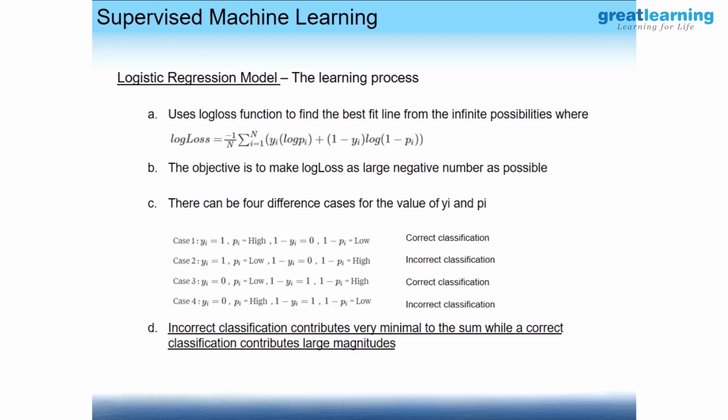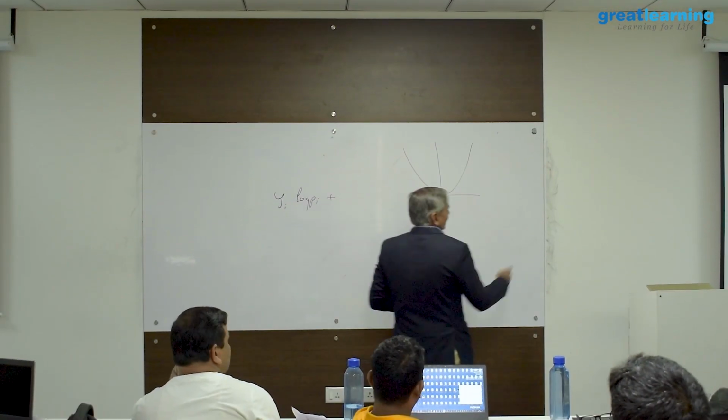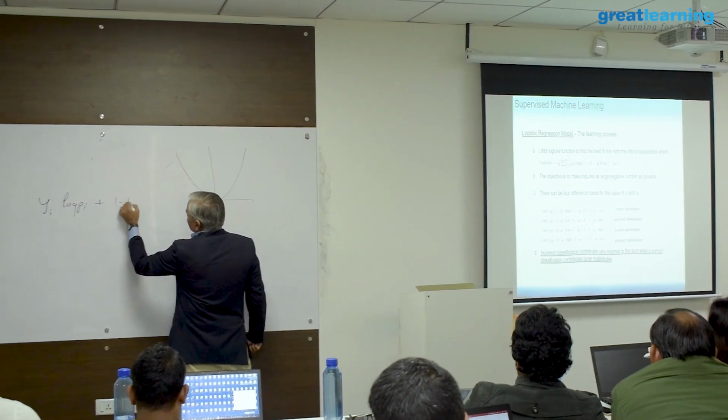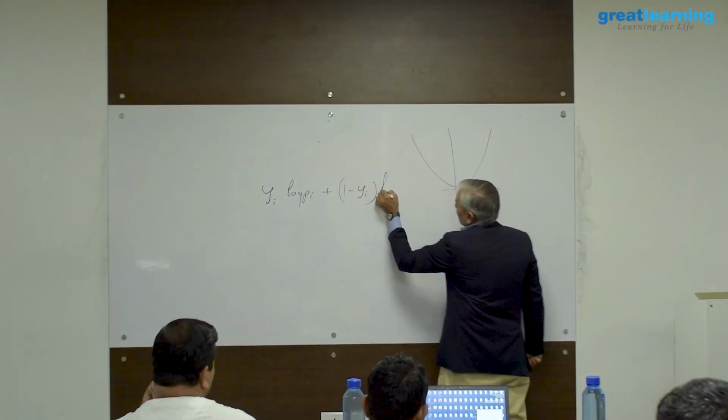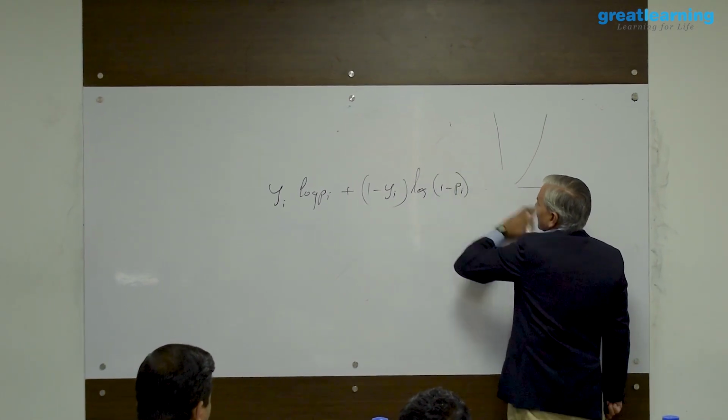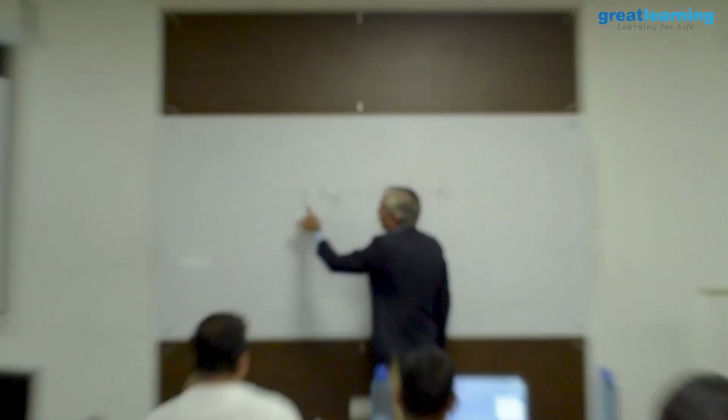Forget the sigma and all these things. Just take the expression yi into log of pi, plus 1 minus yi into log of 1 minus pi. Correct? Just look at this expression. What is this y?